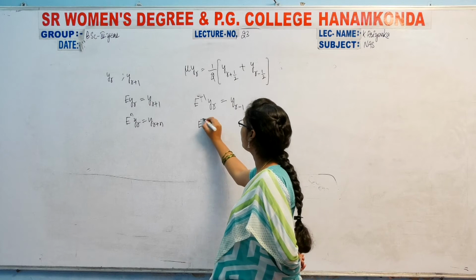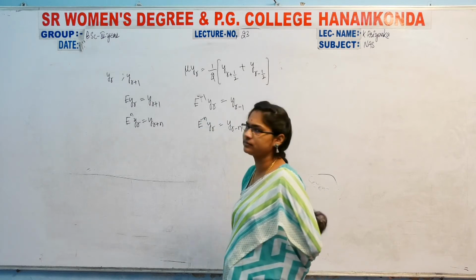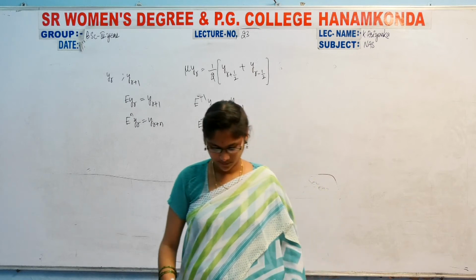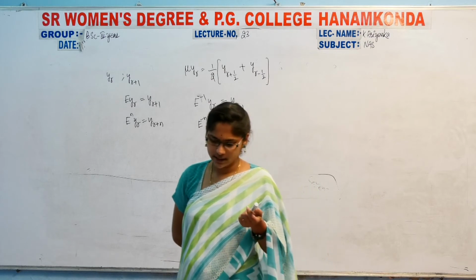In general E power minus n yr is equal to y r minus n. Box it. Okay, next write down.